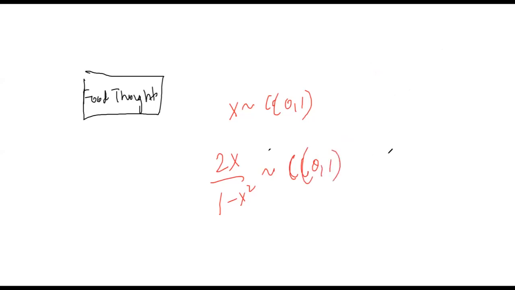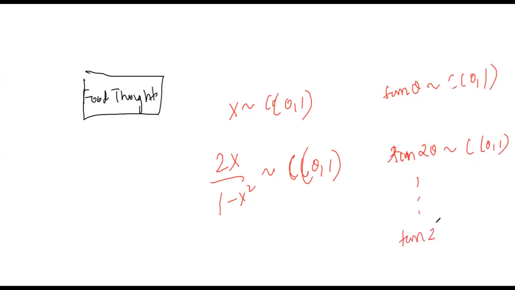In fact, it also implies that if tan theta follows Cauchy 0, 1, then tan of 2 theta follows Cauchy 0, 1. And in fact, tan of 2 to the power n theta will follow Cauchy 0, 1 for all n. Very beautiful result. I love this.